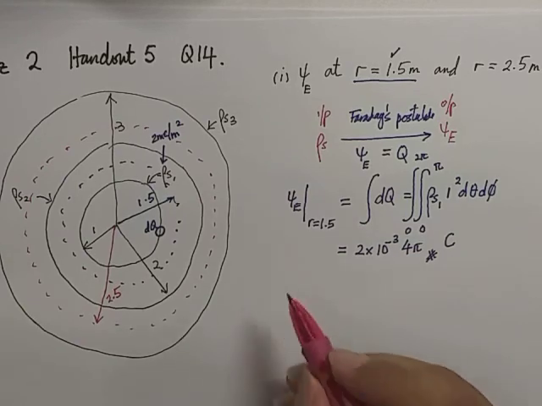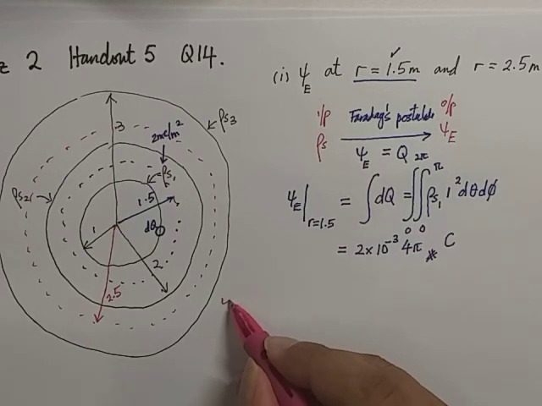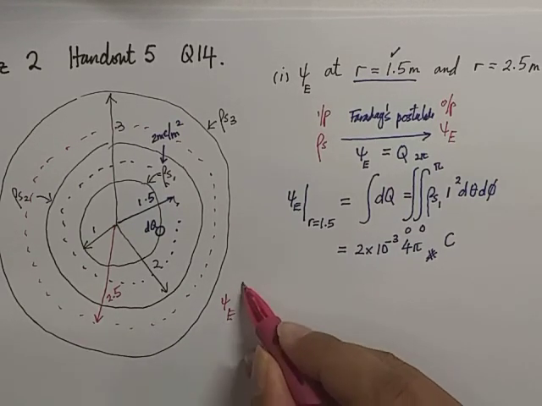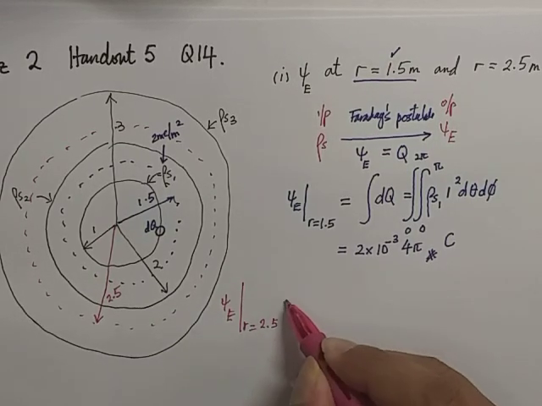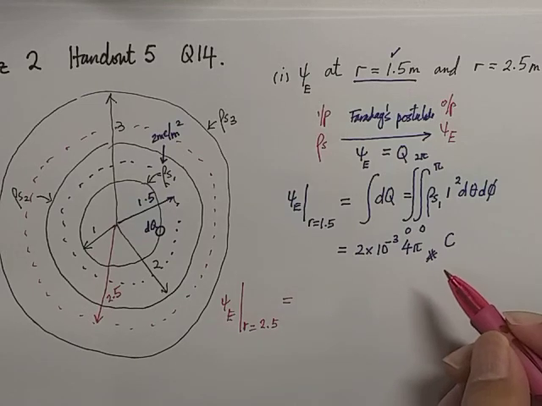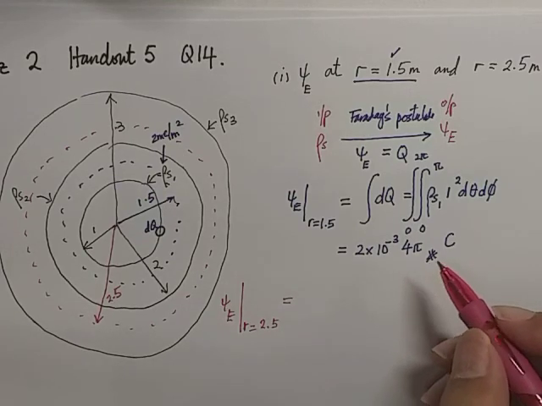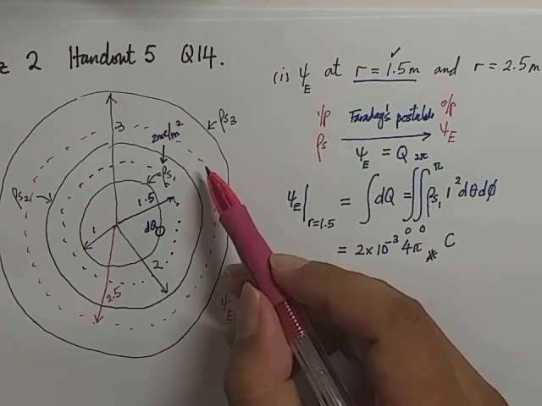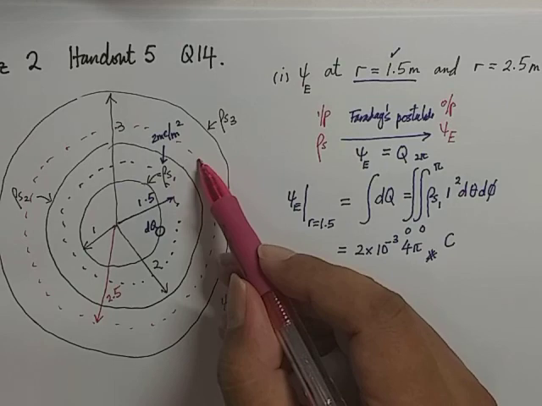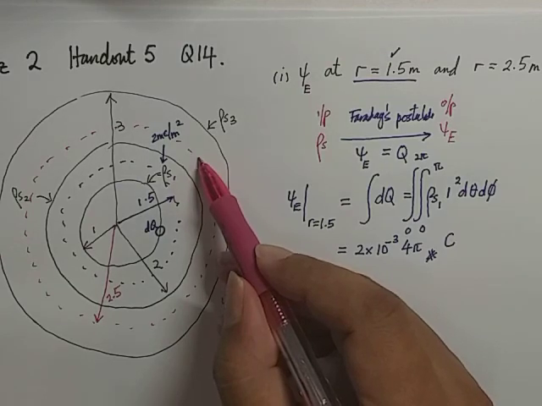So again, for flux electric at r equal to 2.5 now, I'm going to look for the charge confined by that imaginary surface. And we can see now there are two charges enclosed by this particular surface.